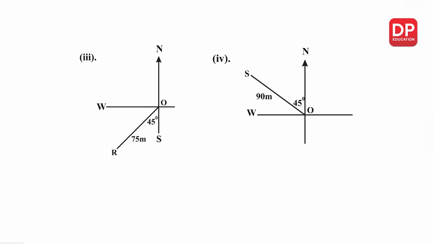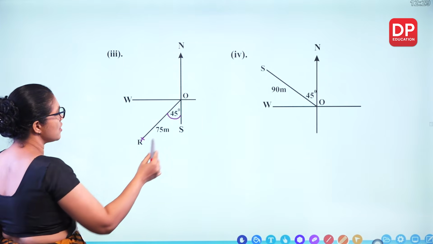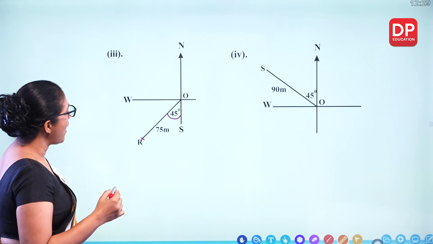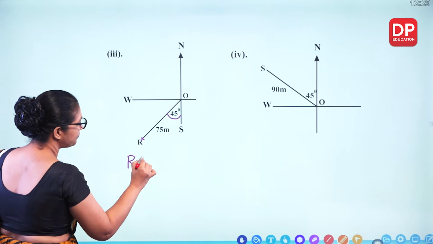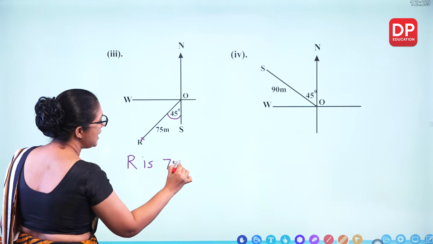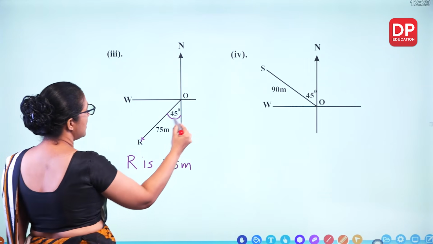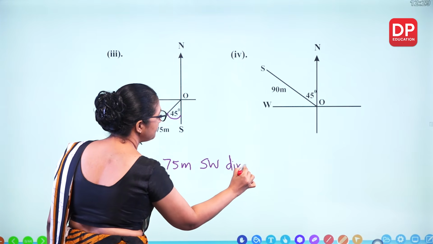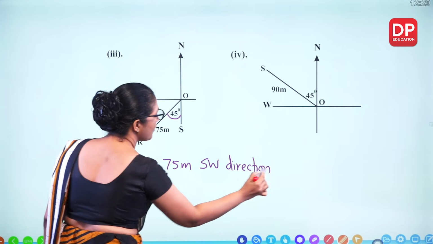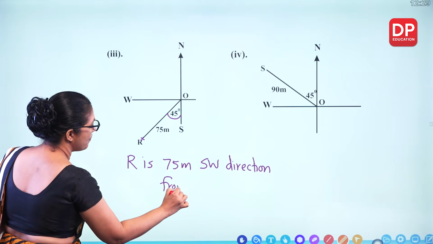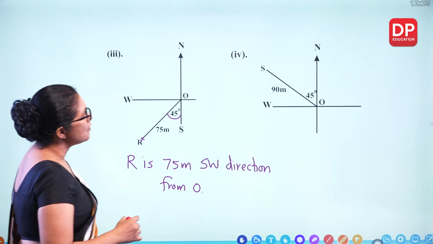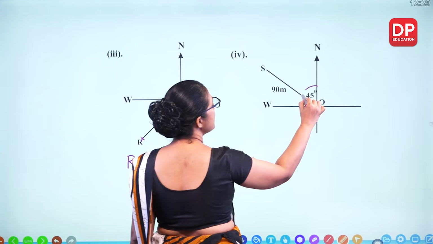Look at R point. R point is here. 45 degrees again. So what is this direction? South and west in between? Southwest. So I can write R is 75 meters southwest direction from O. This one S. This is also 45 degrees.